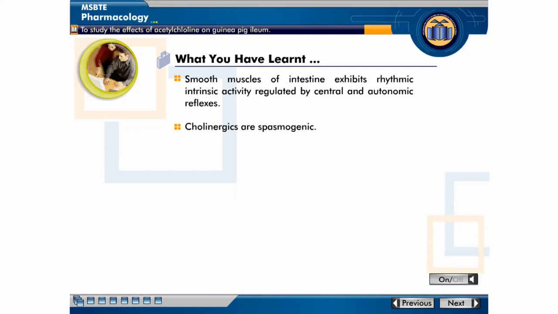Means the effect of acetylcholine on the ileum of the guinea pig is that it shows contraction effect, that is cholinergic or spasmogenic. This is about experiment number 11.